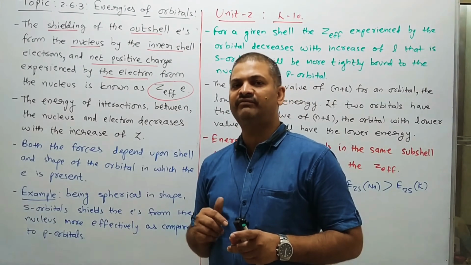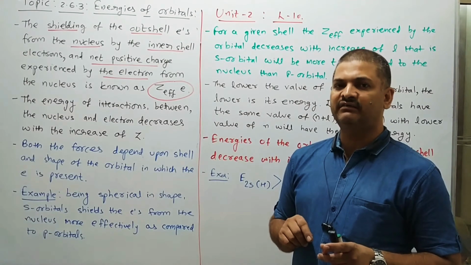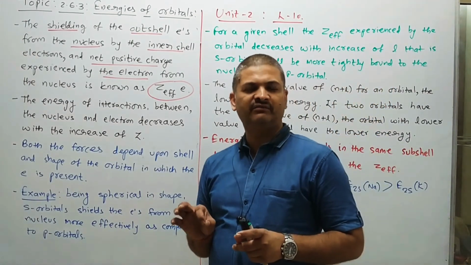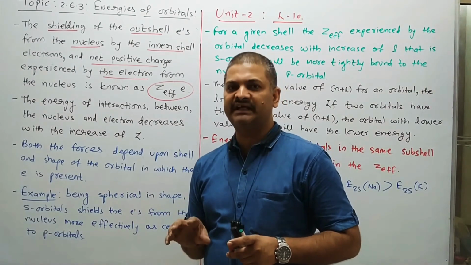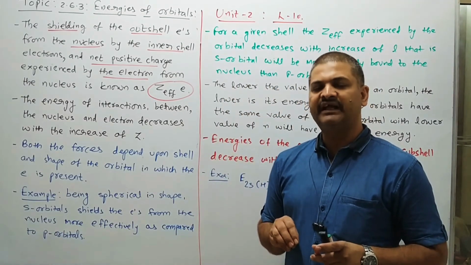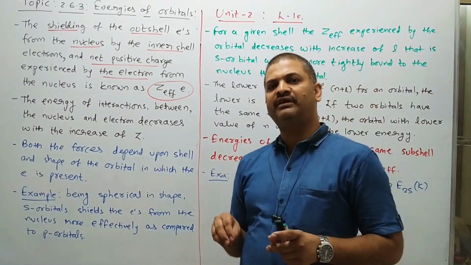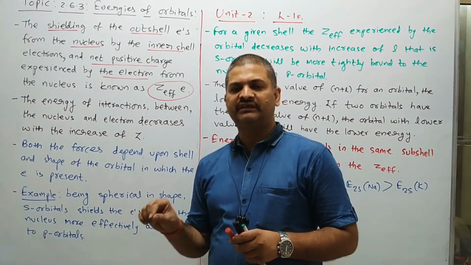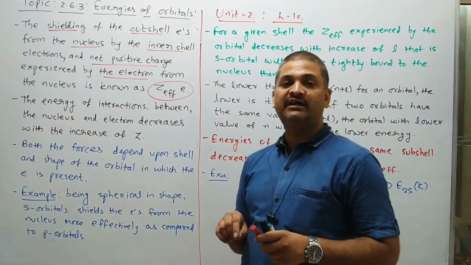If valency will be more, then nuclear attraction will be more, and if nuclear attraction will be more, then size will be less, and if size will be less, then stability will be more, and if stability will be more, तो solubility will be less. So this concept was given by Fajan, इसीलिए उसको बोलते हैं Fajan's rule.